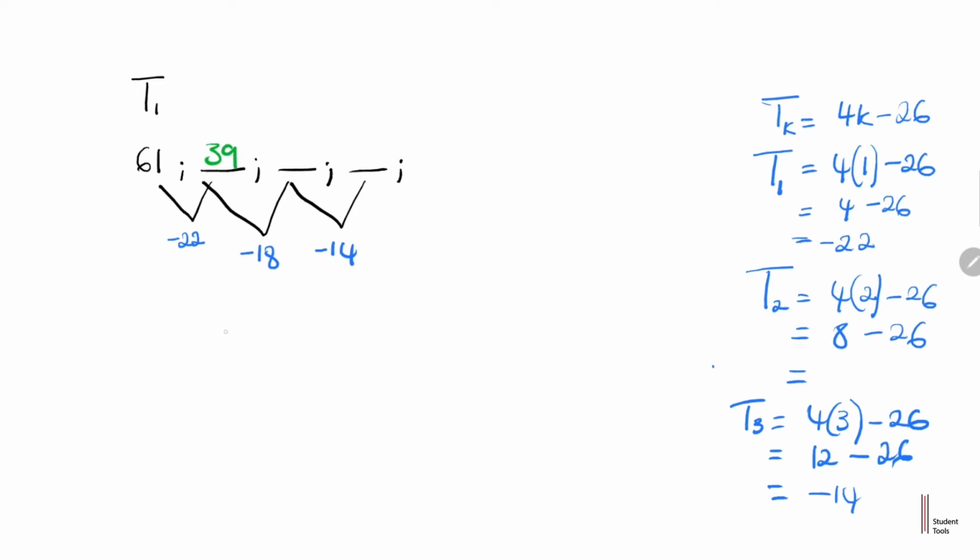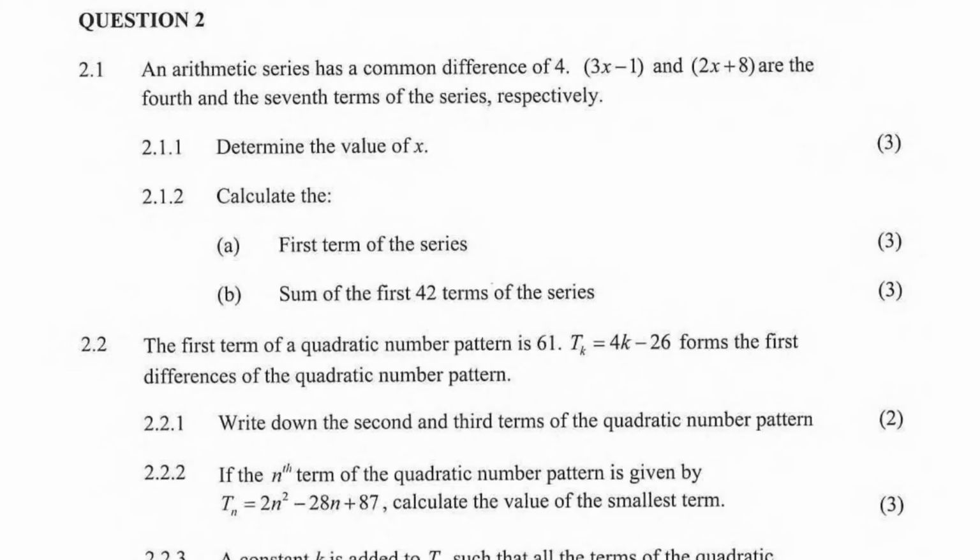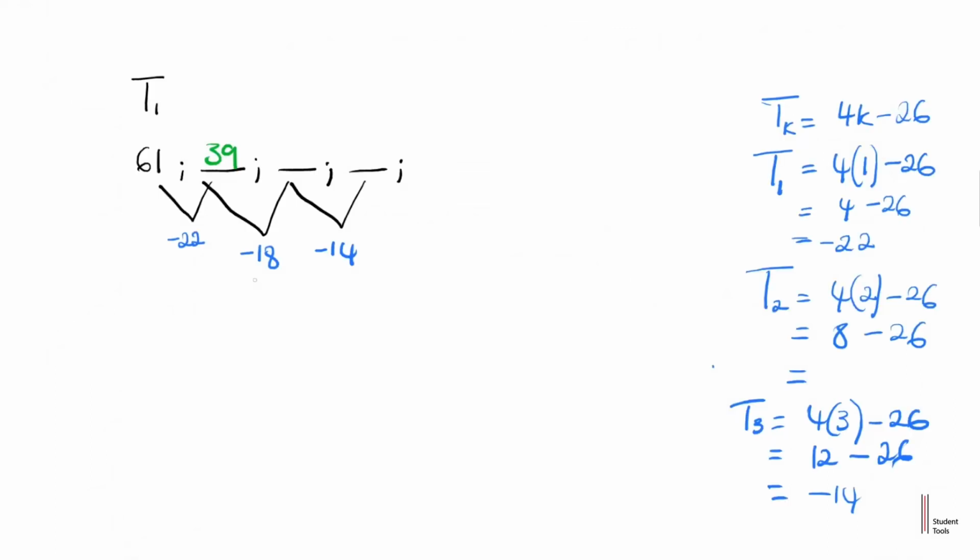So we have the second term. So here on the question, we were told that we should find the second and the third term of the quadratic number pattern. And then what's the third term? We already have the second term. So that means we will have to add 39 and negative 18. So what is 39 plus negative 18?